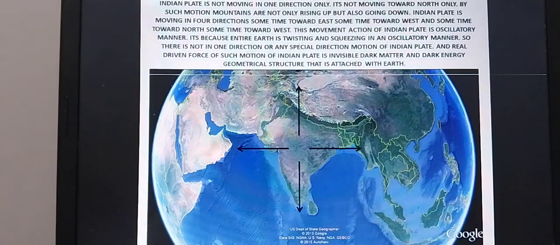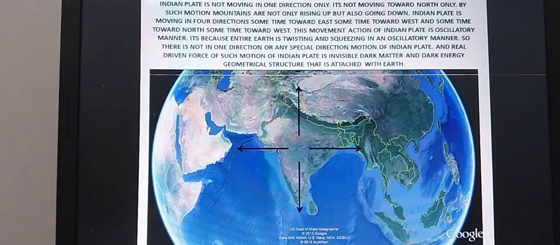The Indian plate is moving in four directions, sometimes toward east, sometimes toward west, and sometimes toward north and west. This movement of the Indian plate is in an oscillatory manner. It is because the entire Earth is twisting and squeezing in an oscillatory manner. So there is no one special direction of motion of the Indian plate.